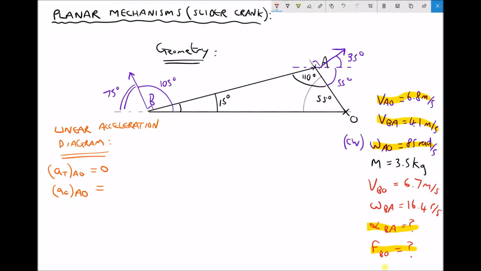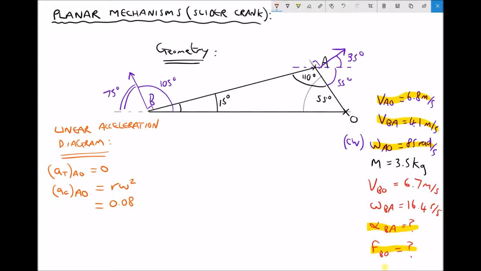And we have a couple of different choices here. We can either use the formula v squared over r, or we can use the formula r omega squared. Now the radius that we're referring to here is the length of the linkage OA, because that's the radius of the motion of the linkage OA. So our radius is the length of OA, which is 0.08 or 80 millimeters.